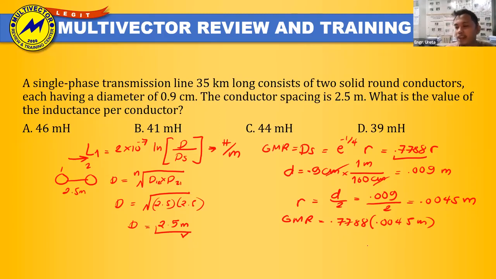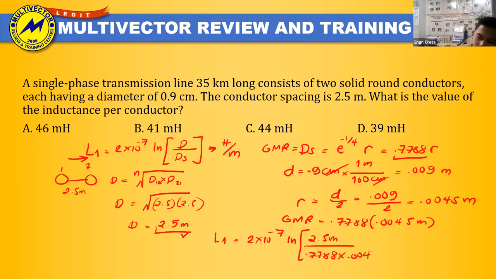GMR is 0.7788 times 0.0045. Okay, so computin na natin yung L. Our L1, therefore, or inductance per conductor is just equals to 2 times 10 raised to negative 7 ln ng ating D, where D is 2.5 meter, all over our GMR, 0.7788 times 0.0045, in Henry per meter.